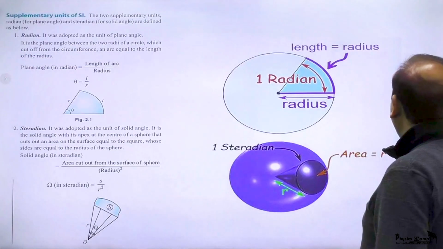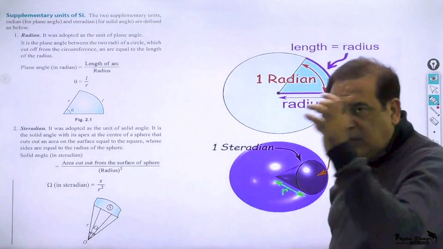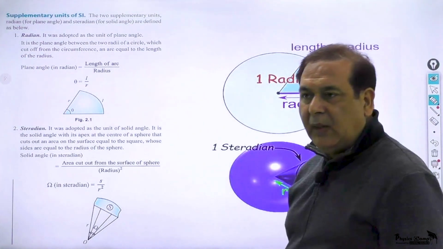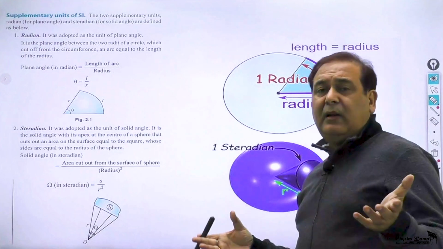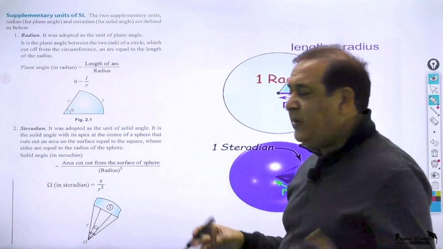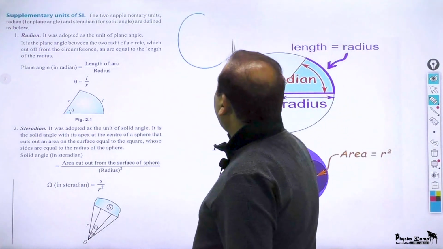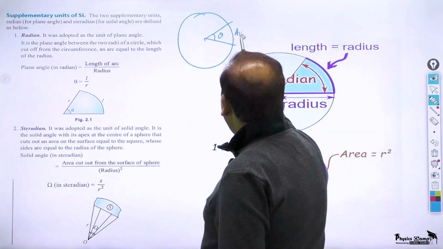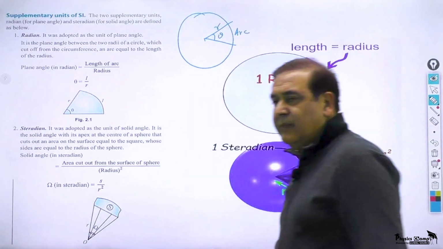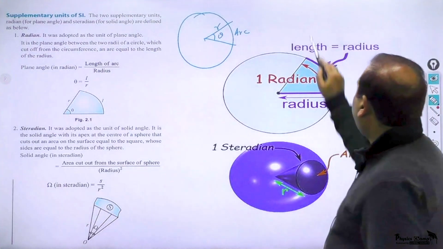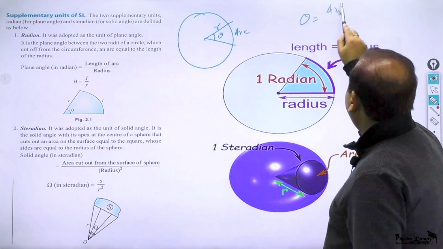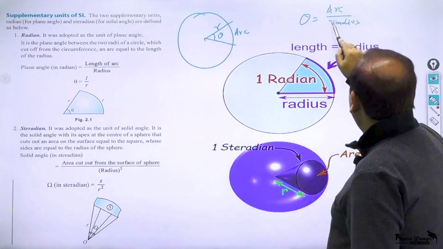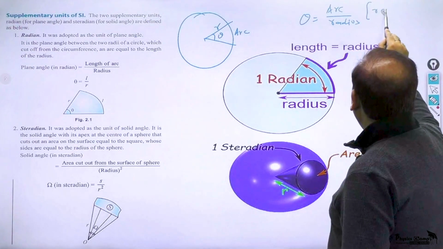Now from here I can move to these two supplementary units, radian and steradian. If we are talking of plane angle, angle in 2 dimensions, theta is equal to arc by radius, and its unit is radian.